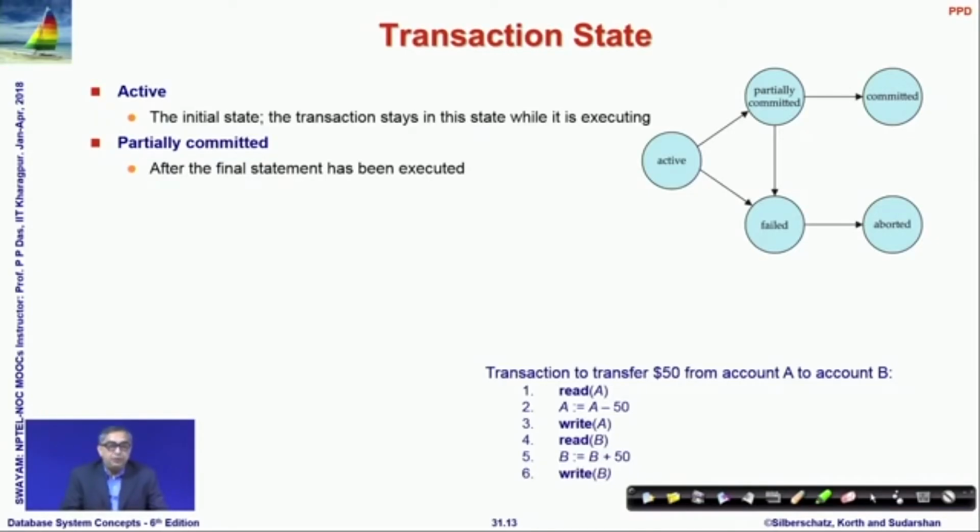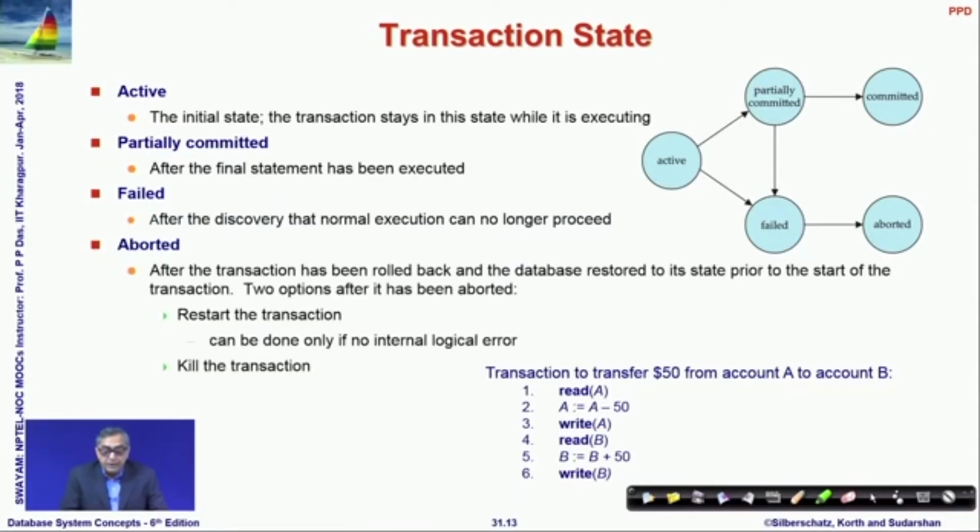So, it has successfully completed all the instructions. Or it might happen that while in the active state or the partially committed state, some error happens so that normal execution cannot proceed any further. Then the transaction comes into the failed state. A transaction in the failed state will eventually get aborted, because it is not known when the failure happened, so at the time of failure there could be inconsistency.